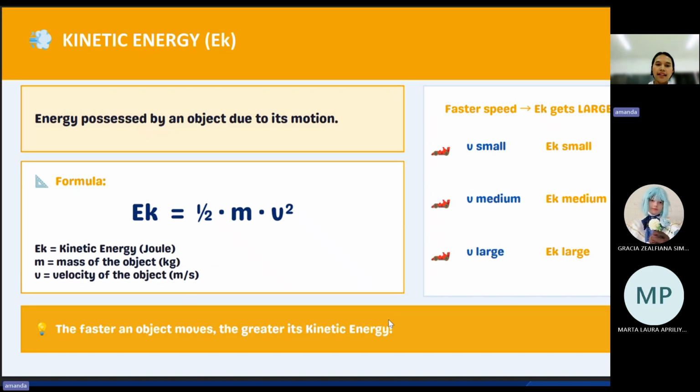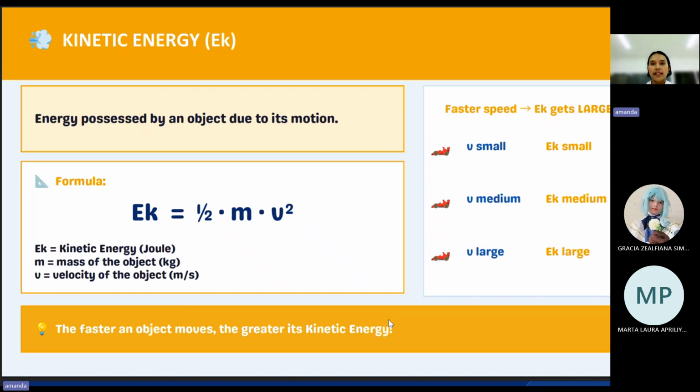The next slide, kinetic energy. On the flip side, we have kinetic energy, or EK. If potential energy is about position, kinetic energy is all about motion. It's the energy possessed by an object due to its motion or speed.